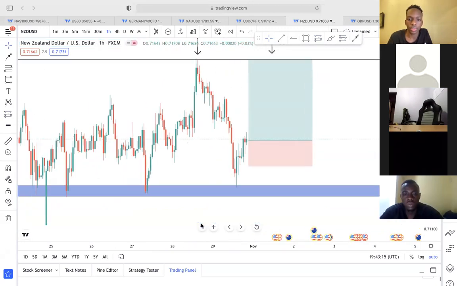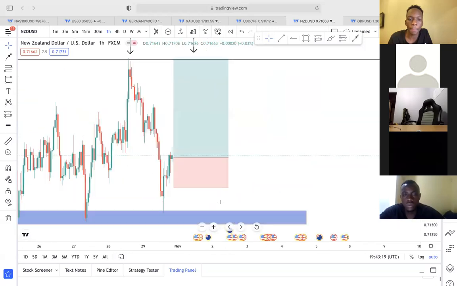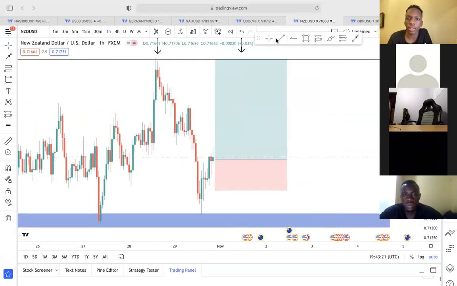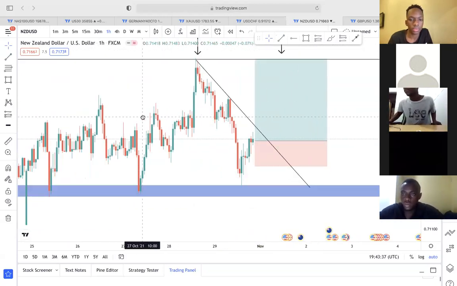Right, so we can still capitalize off this move here. And we have lower highs. So first lower high, second. So there we go. See, 1, 2.